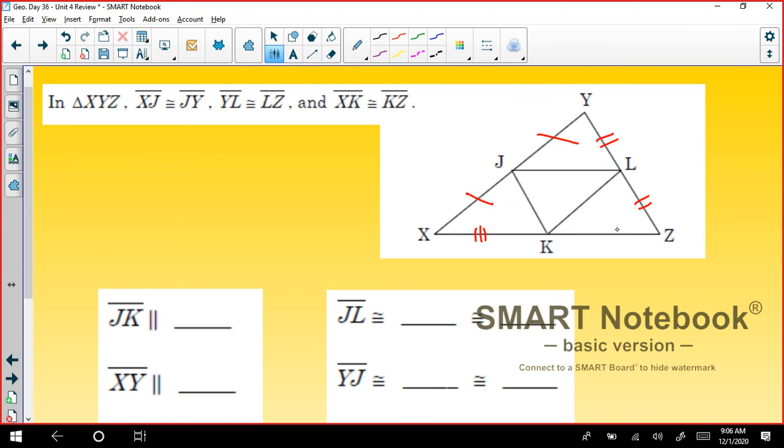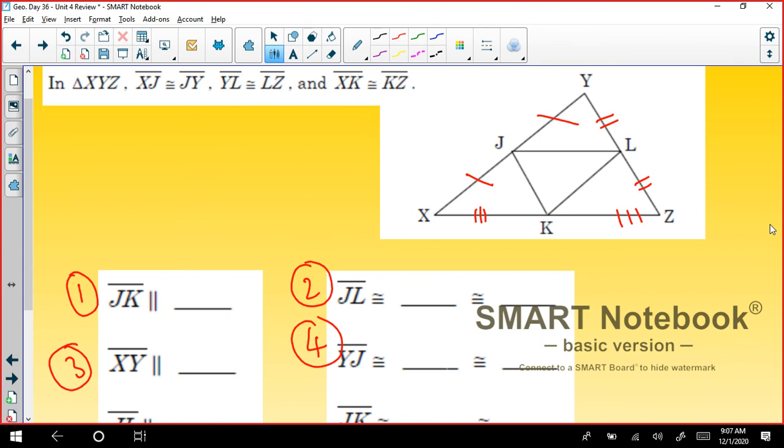Then, what is JK parallel to? XY parallel to, and JL congruent to. Okay, use your chat and try to answer this, 1, 2, 3 and 4. I will give exactly a minute or so. Okay, use your chat to answer this.